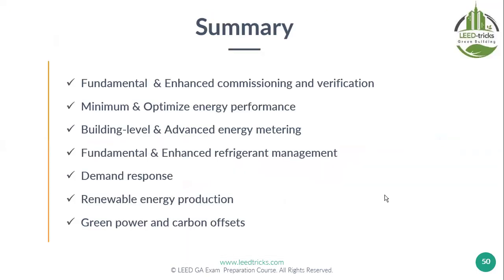This is a summary of what we have in this chapter: fundamental commissioning, minimum energy performance, metering, refrigerant management, demand response, renewable energy production, green power, and carbon offsets that we have in the study. What is green power?